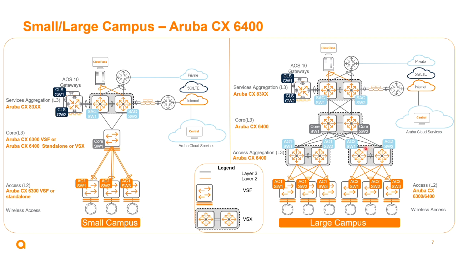We're only showing some of the campus here, and then again in the aggregation layer, we can use the 6400 in a virtual switching extension VSX configuration.